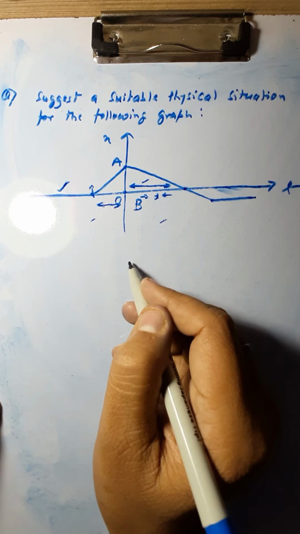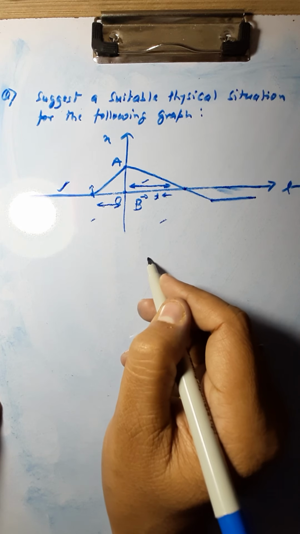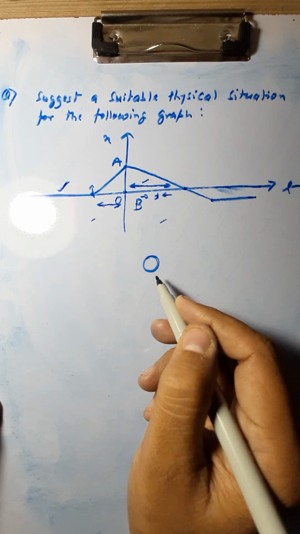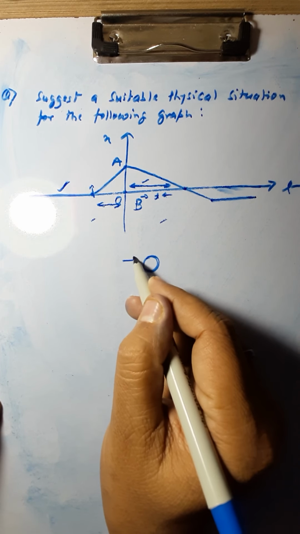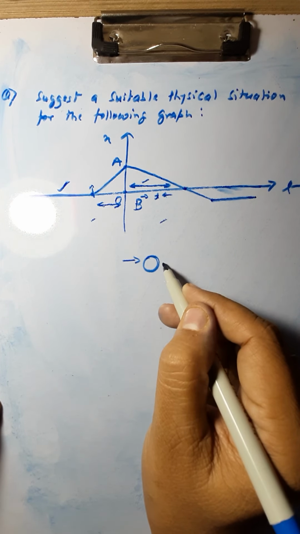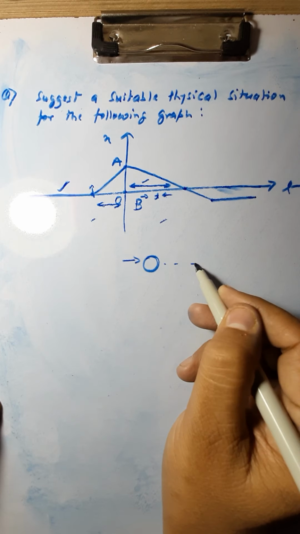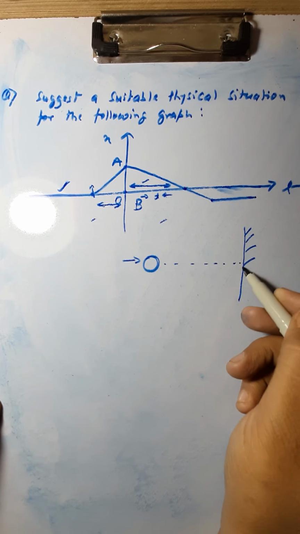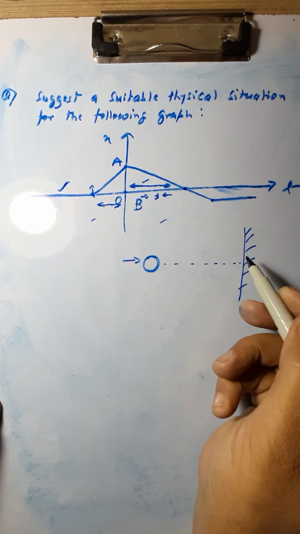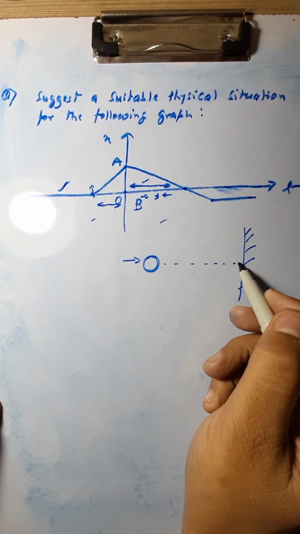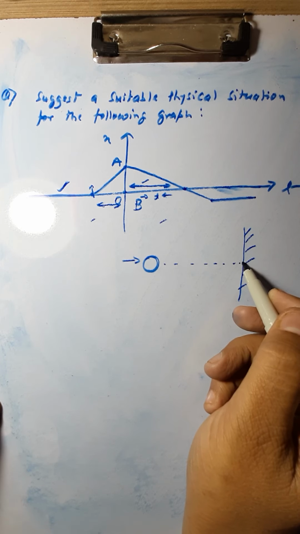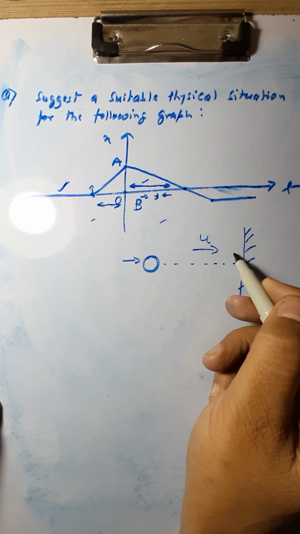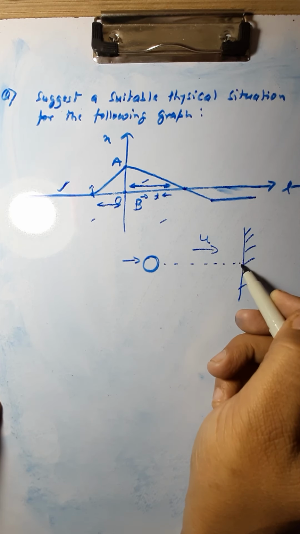So if we think of a ball which is kept here, and if it is kicked, it starts moving with a uniform velocity, reaches a wall here, and suppose its velocity is u when it hit the wall.